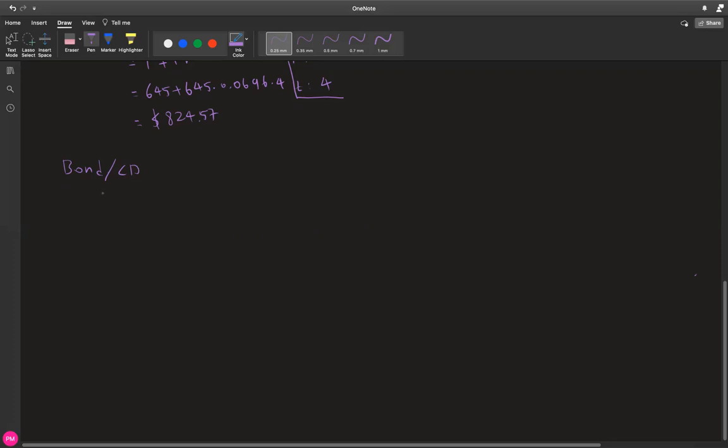You're not the one borrowing the money, but you're the one lending the money to any sort of financial institute, government, or for whatever project it is. So you're simply lending the money to the agency, and at the end of the term, they're paying you back however much they owe with the interest. So let's look at an example.